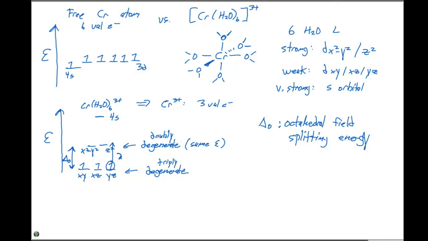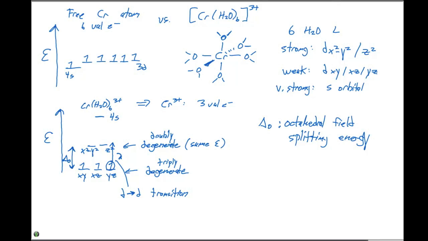And we call this excitation a d to d transition, because essentially we're going from a set of orbitals that has d character to another set of orbitals that has d character. So this is kind of what's happening.